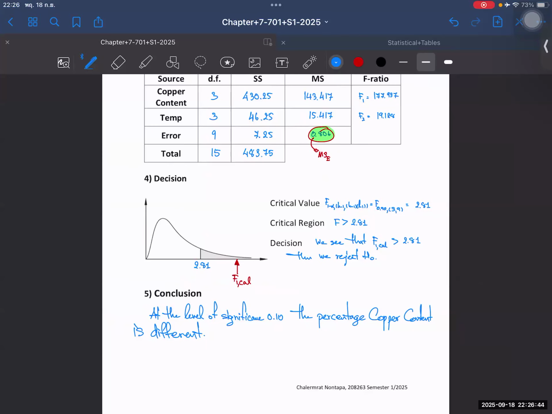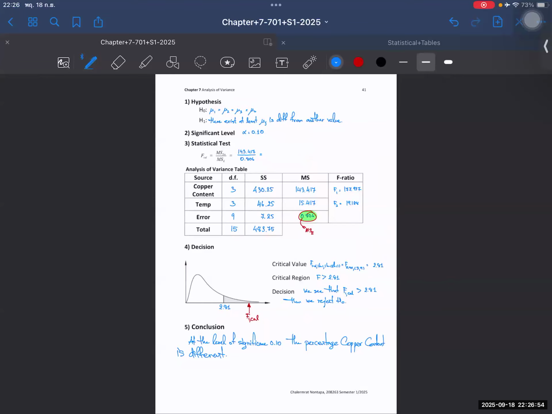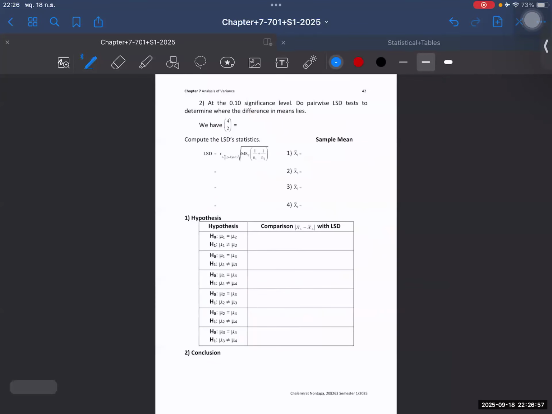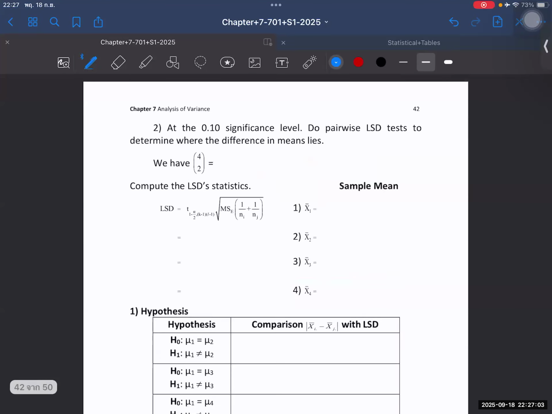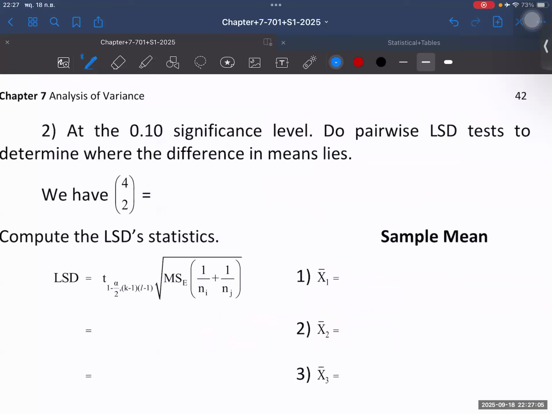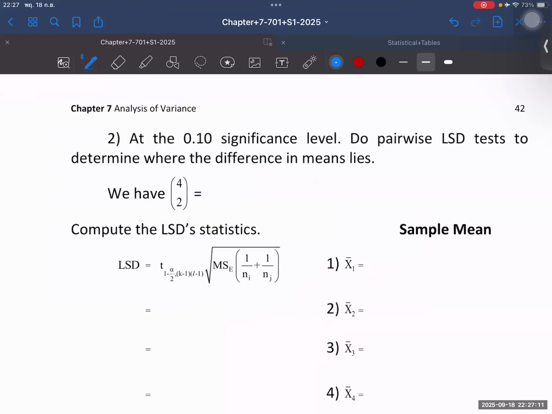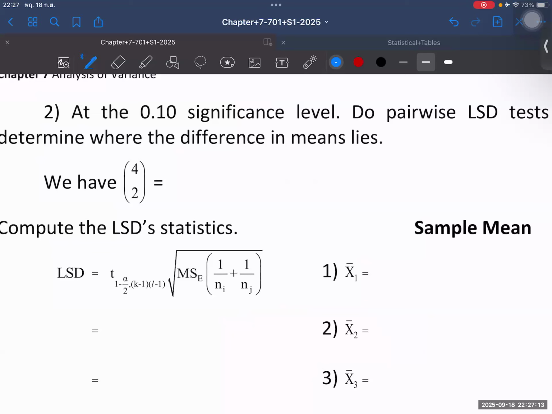Okay, now we see that the percentage of the copper content is very different. Okay. So we go to see the LSD test right now. Okay. So this is 4 factorial, and this is 4 minus 2 factorial and 2 factorial.